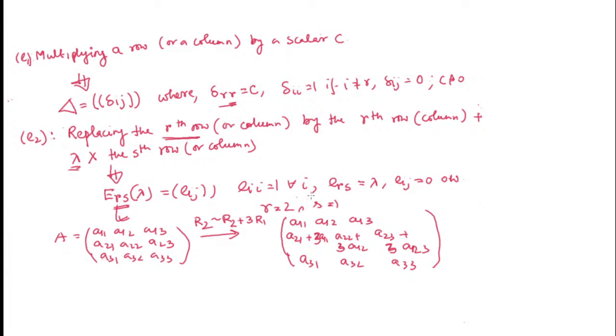So here your ERS means E21, lambda means 3, all diagonal elements are 1 and E21 means this is 3, other elements are 0. So if you pre-multiply A by this matrix, you get this matrix.